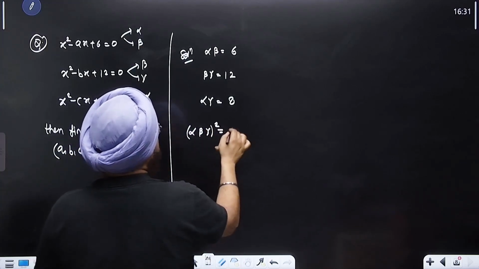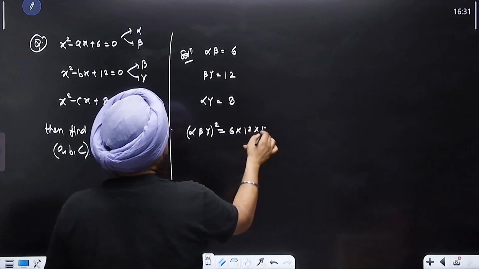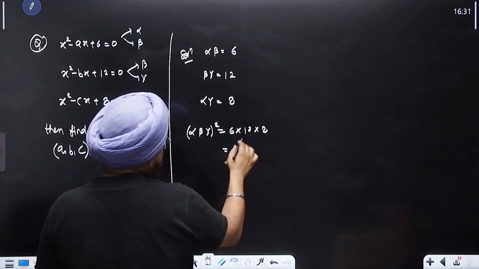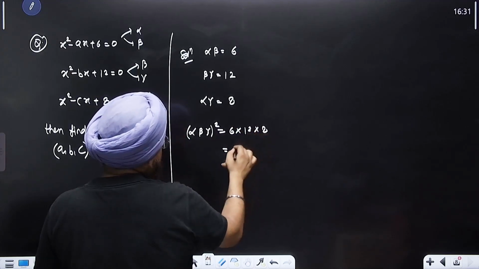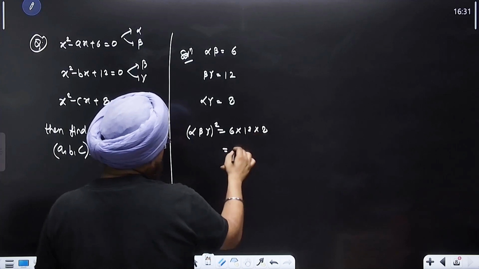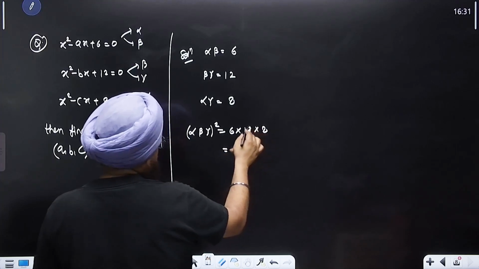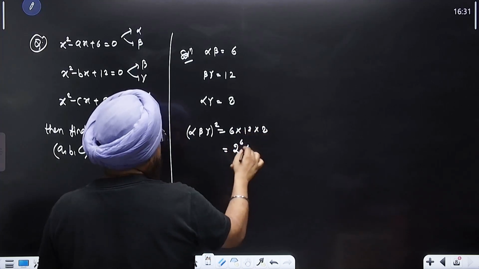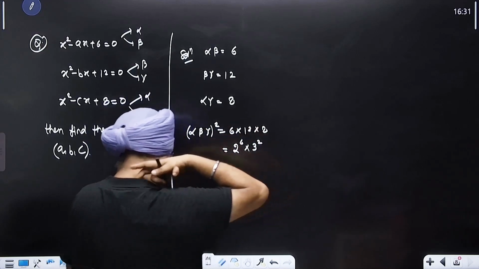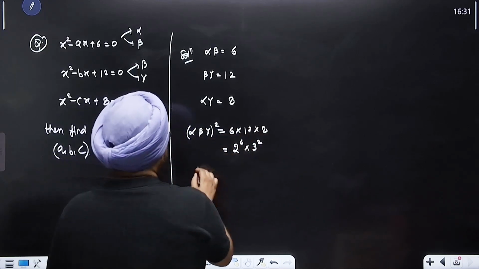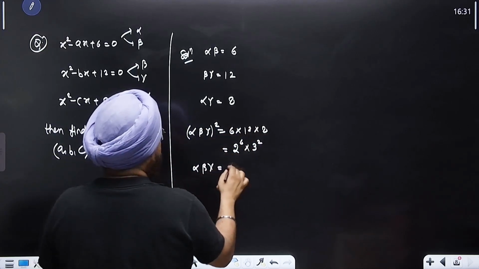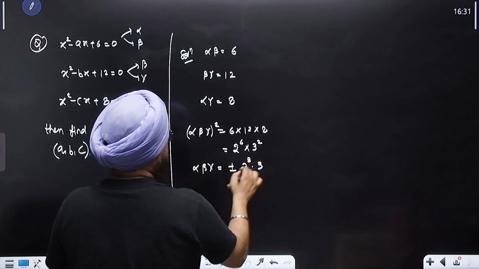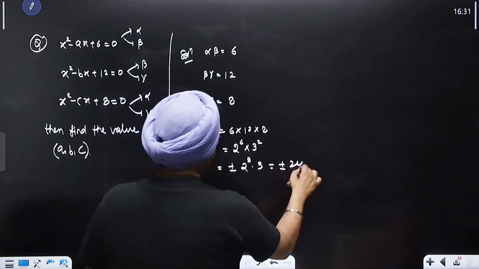Alpha beta gamma squared will be 6 into 12 into 8, which is 2³ · 2² · 2³ · 3², that is 2⁶ into 3². So alpha beta gamma is equal to plus or minus 2³ · 3, which is 24.